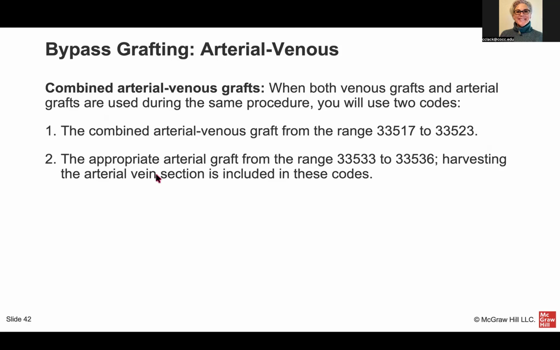Second, you add the appropriate arterial graft code from 33533 to 33536. The harvesting of the arterial section is included in this code. So if a patient has a three-vessel bypass using two saphenous vein grafts and one internal mammary artery, you'd use a combined code for the venous component and an arterial code for the mammary.